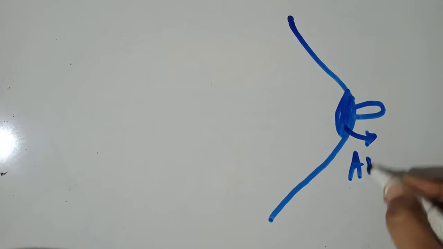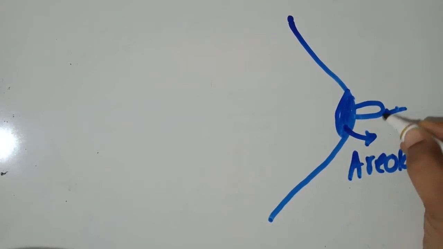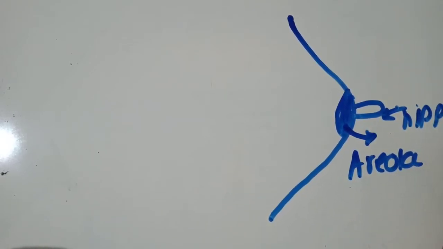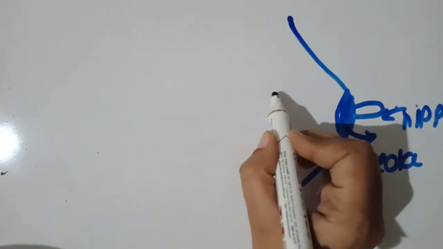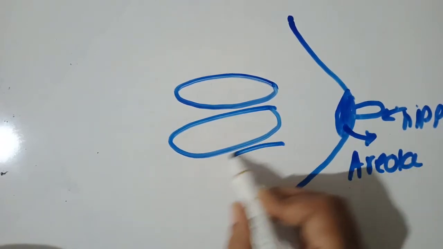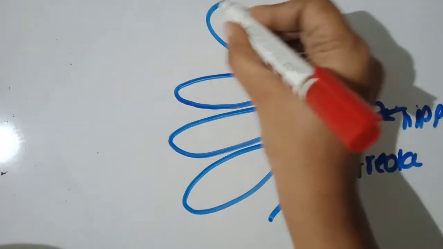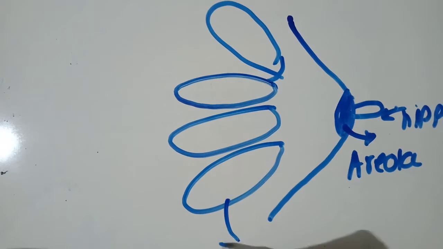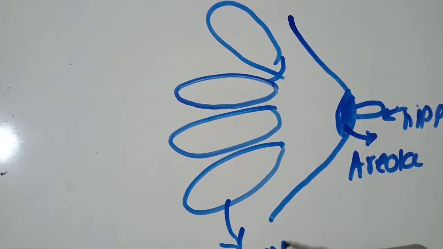This is called the areola, and this is the nipple. And here there's a presence of lobes, called mammary lobes.